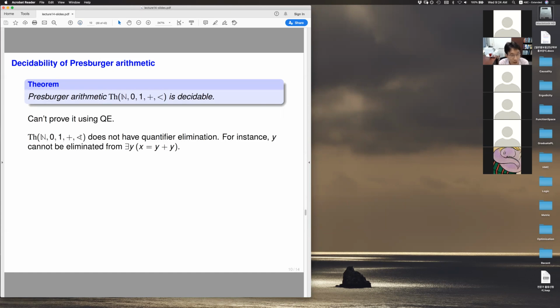For instance, think about a formula which says there exists y such that x is equal to y plus y. What does it mean? That means that x is an even number.